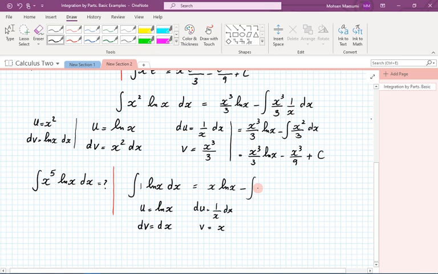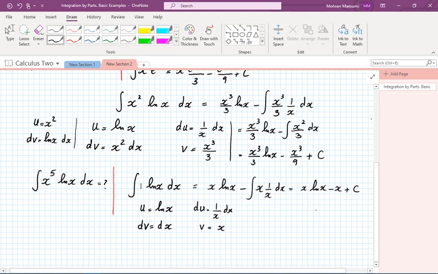That's just x times 1 over x dx. Well, that's just 1. The integral of 1 is just x, and then we throw in a constant. Okay, so this is an important formula to know and to know how to derive.